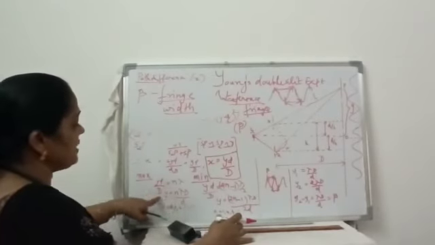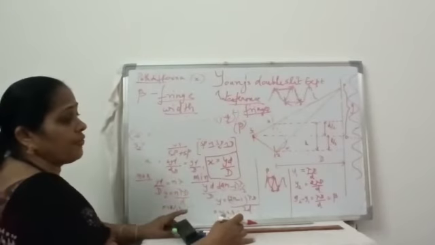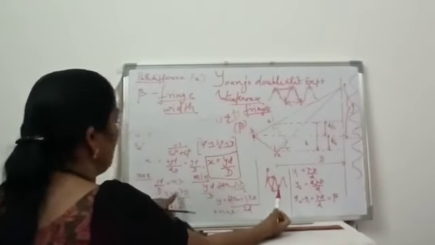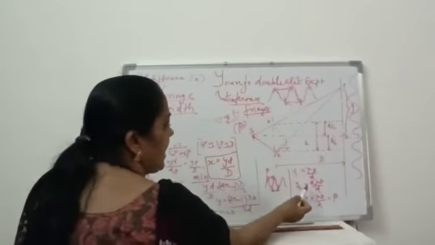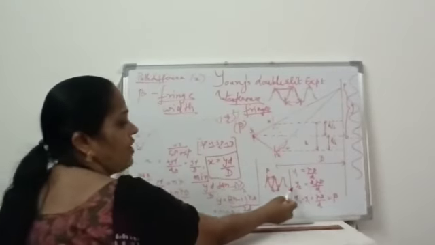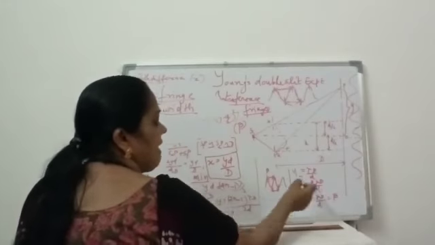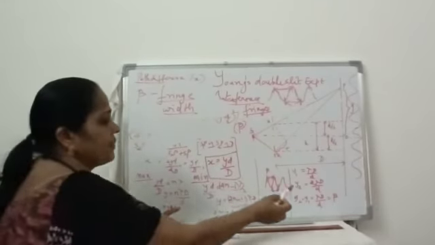Let me take n equal to 1. When I take n equal to 1, y1 is so much. When I take n equal to 2, y2 is so much. So what is y2 minus y1? I get lambda D by d, which is represented by beta.